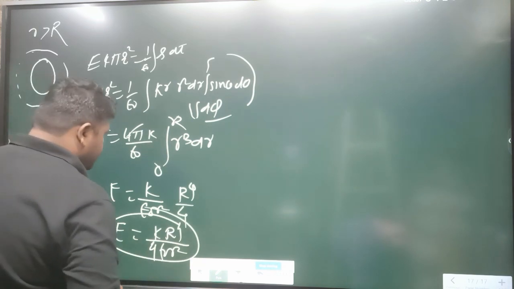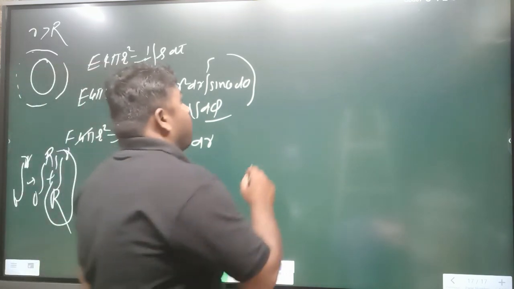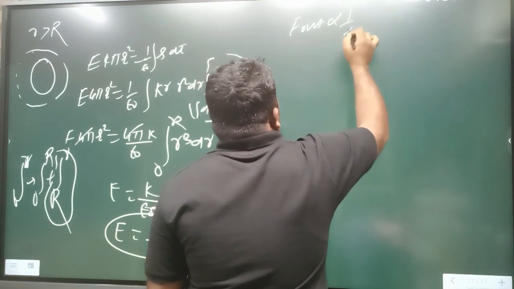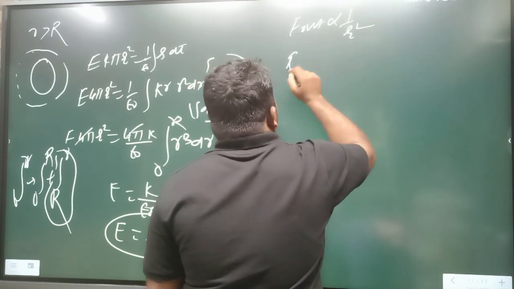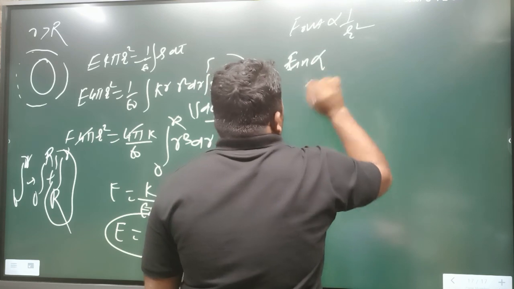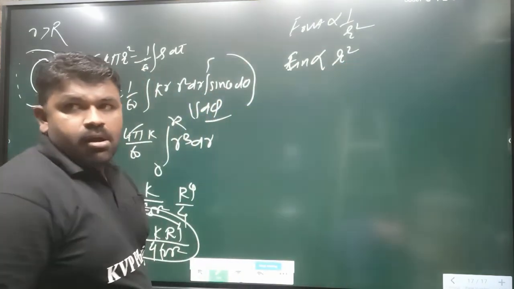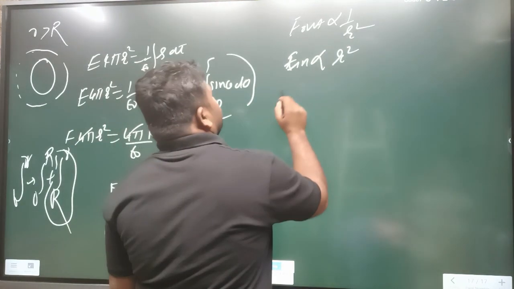Electric field outside and inside: E out is directly proportional to 1 by r square, and E in is directly proportional to r square. How to find E at the surface?